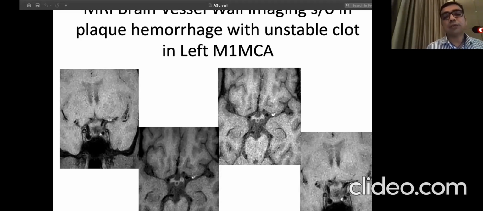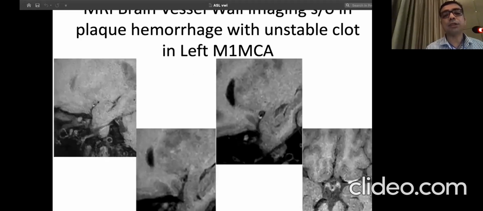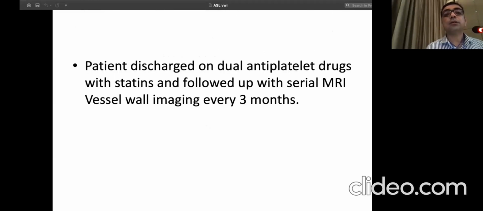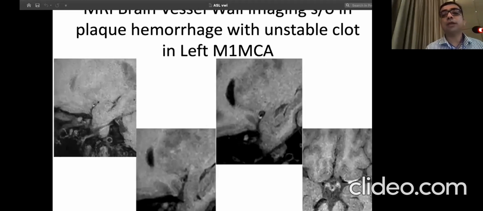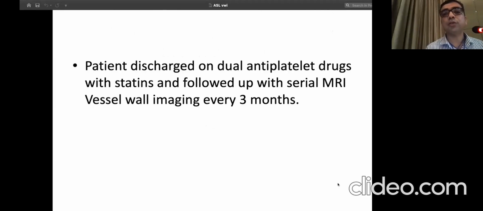The patient stabilized and didn't have any further deterioration, and was discharged. You can again see the plaque hemorrhage, a hanging plaque obliterating the lumen.